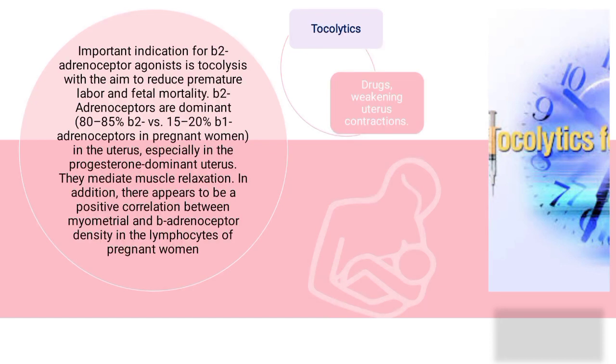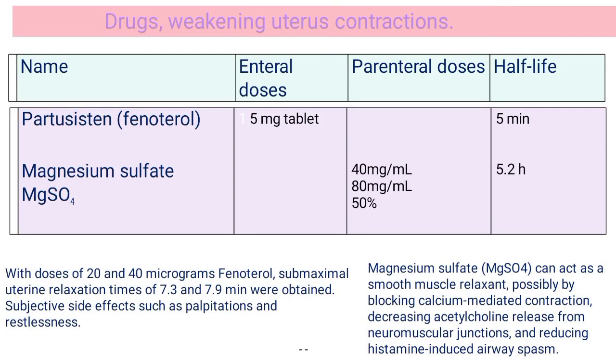They mediate muscle relaxation. In addition, there appears to be a positive correlation between myometrial and beta adrenoreceptor density in the lymphocytes of pregnant women.